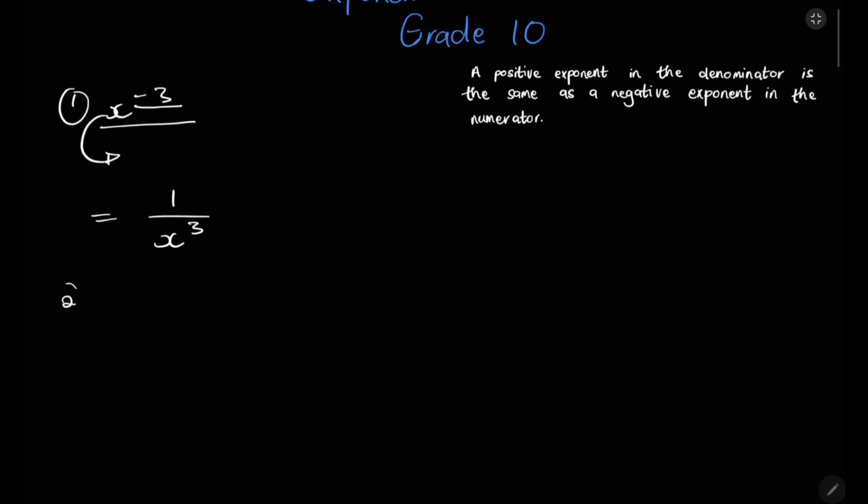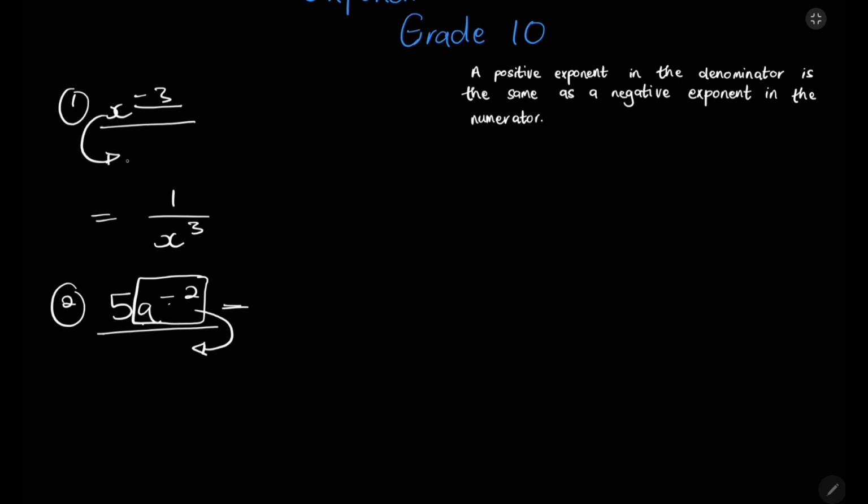Now let's try 5a to the power negative 2. How do we solve this? We have a to the power negative 2, okay? So we focus on this part. So we have to take our a to the denominator. Remember in the previous example, you had x to the power negative 3 in your numerator, right?